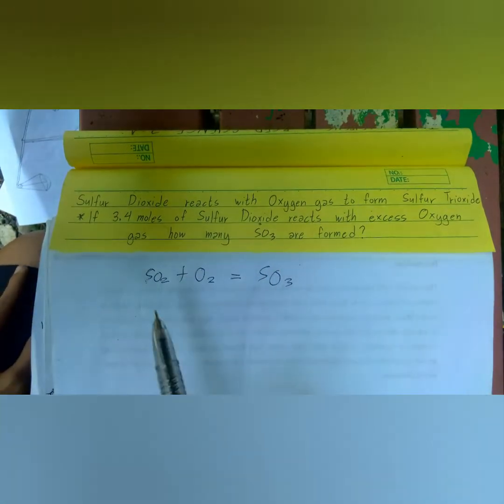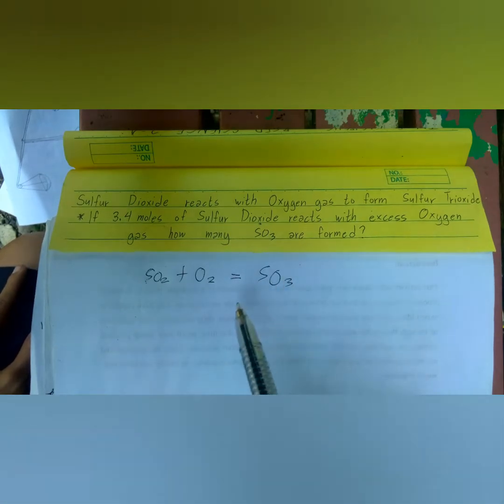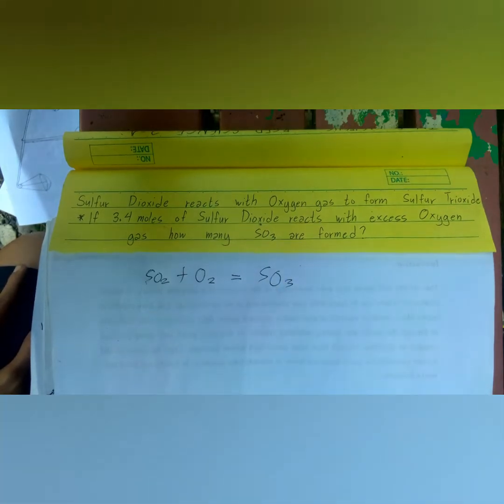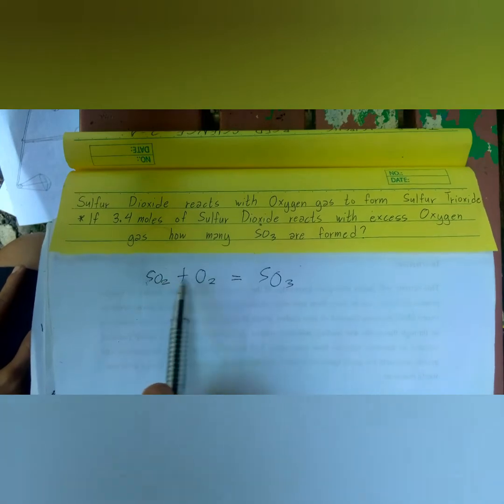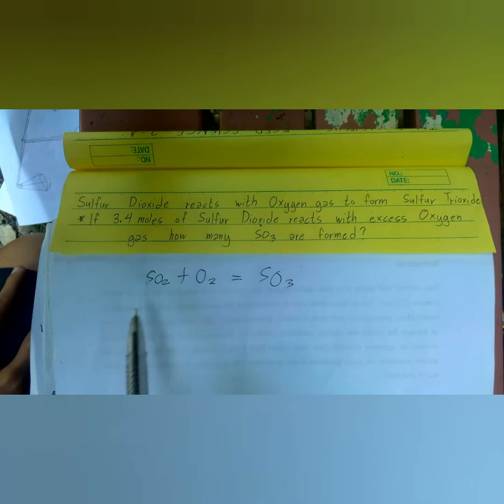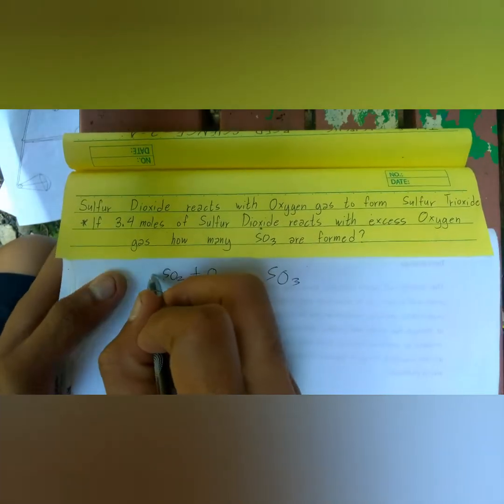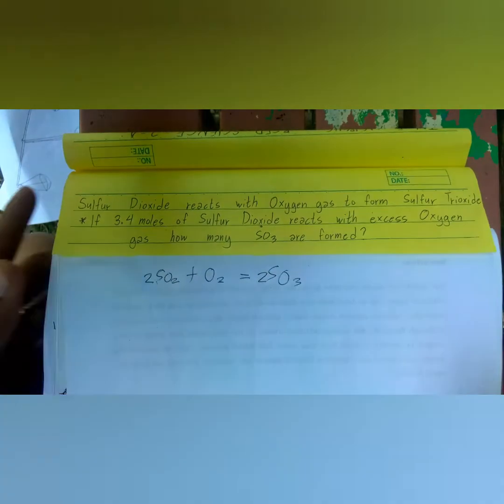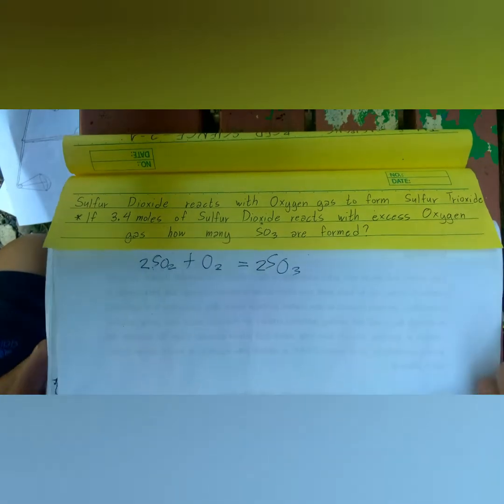Okay, so as you can see, on both sides the number of atoms of sulfur is already equal, and we have 4 oxygen atoms here. Then there's only 3 on this side. So let's start by putting 2 on each side. Now as you can see, the equation is already balanced.